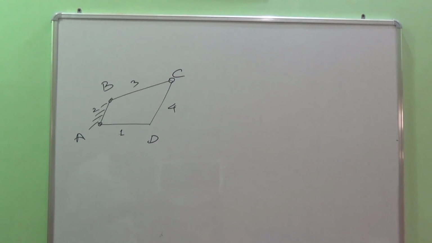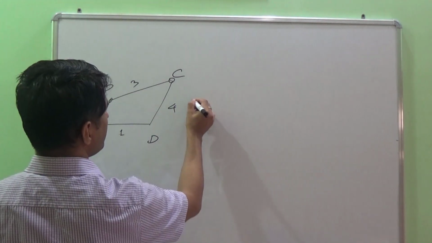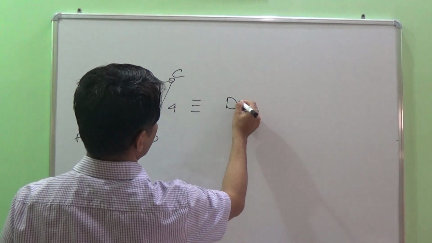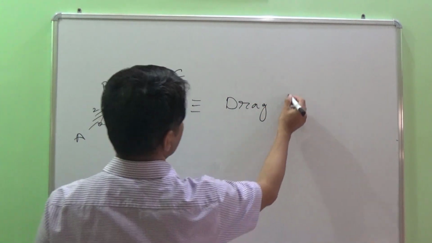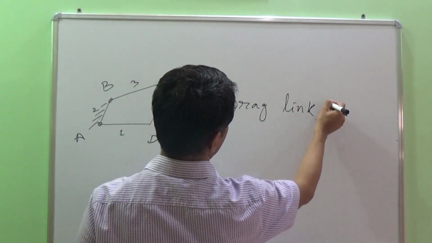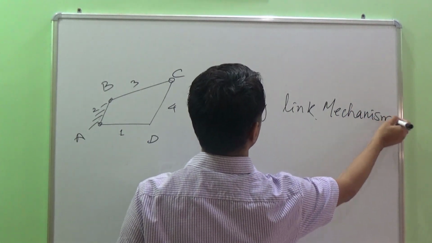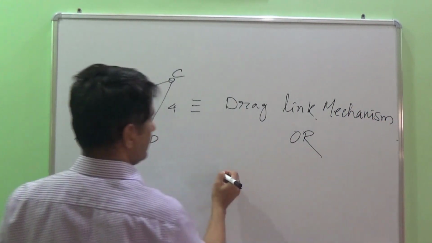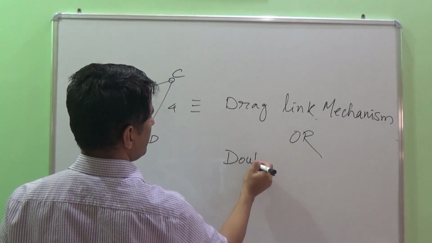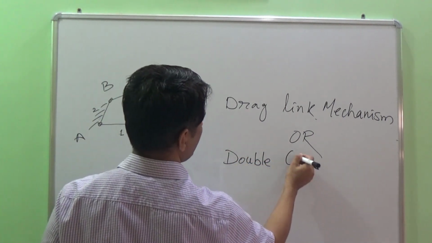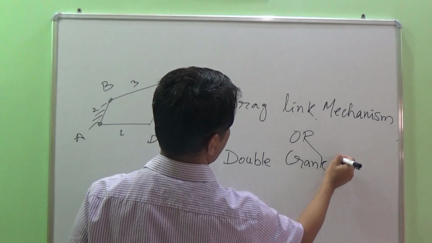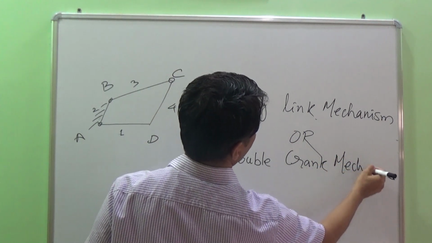This mechanism is called the drag link mechanism, or it can be termed a double crank mechanism.